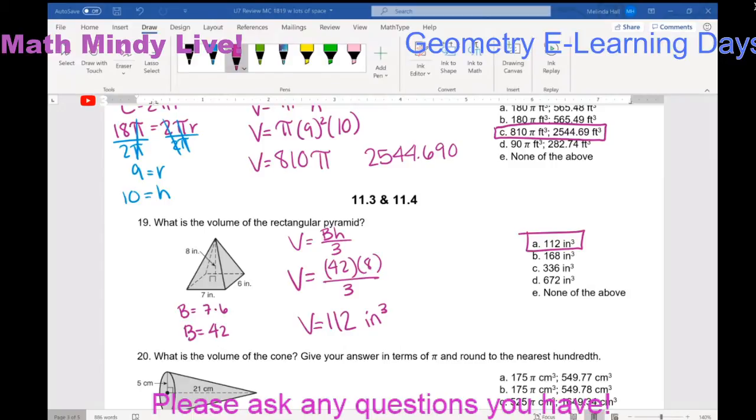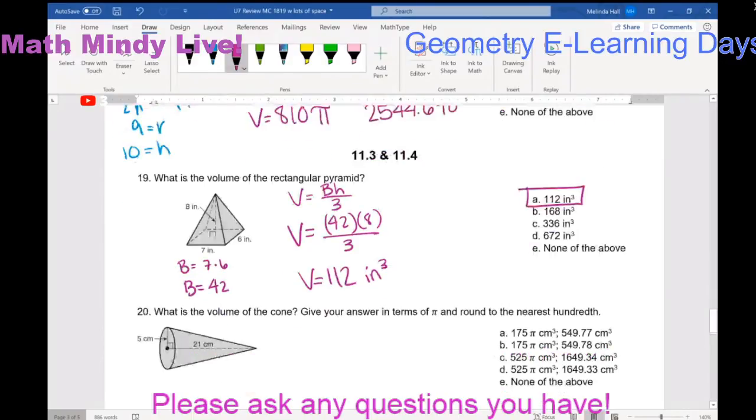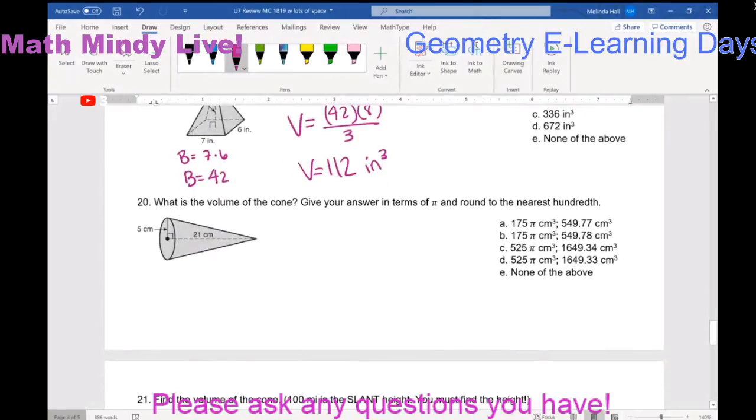So from there, we would have our volume of this cone. Volume is still your base area, but in this case, base area is pi r squared, times height divided by 3. My radius in this case is 5, so I would have pi times 5 squared times height, all divided by 3.